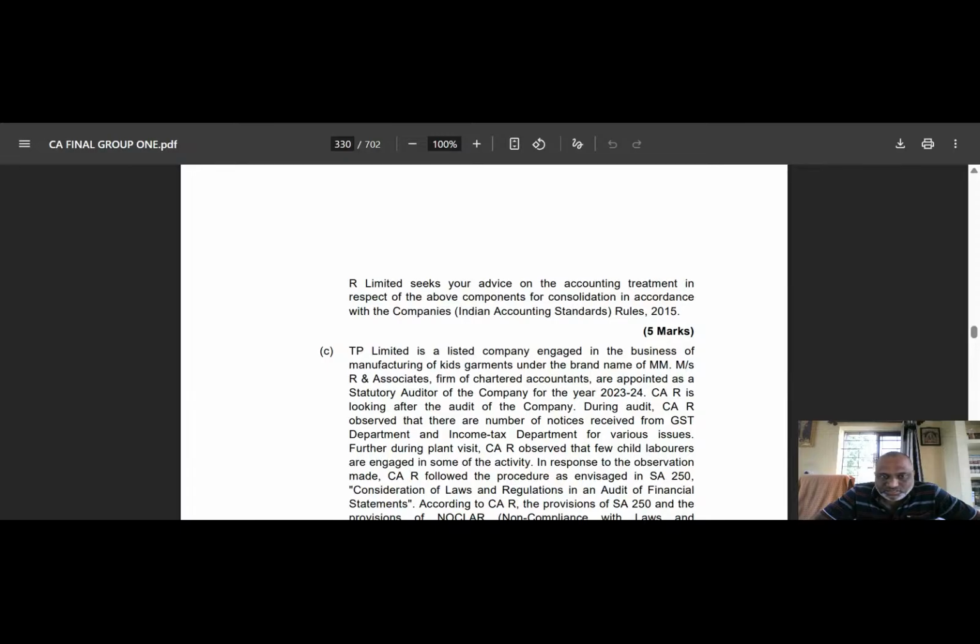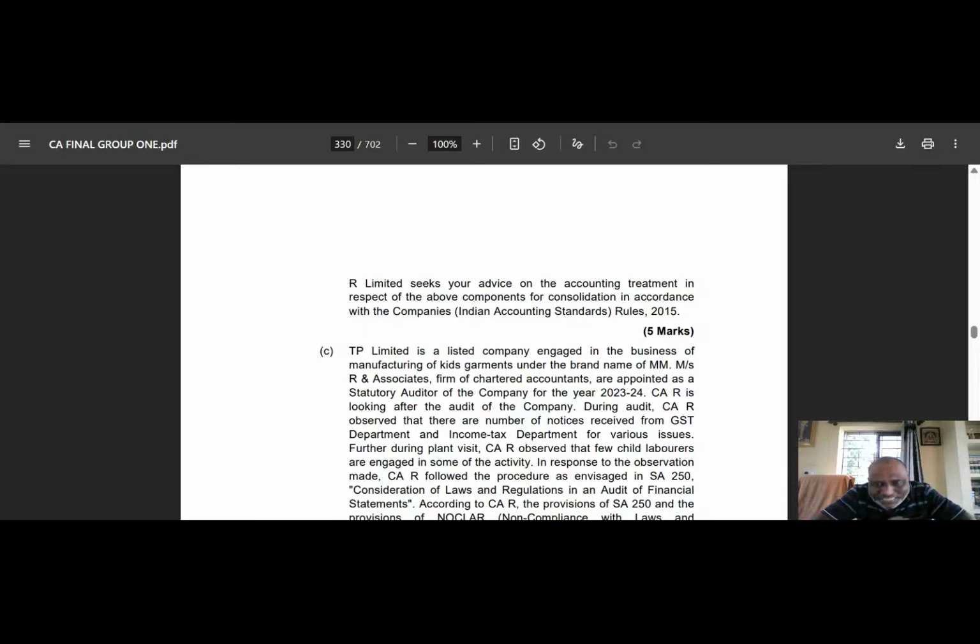The answer is like this. For consolidation of the subsidiaries in accordance with the Companies (Indian Accounting Standards) Rules 2015, the financial statements of the parent and its subsidiaries are combined as per Ind AS 110 Consolidated Financial Statements on a line by line basis by adding together like items of assets, liabilities, income, expense, and cash flow.